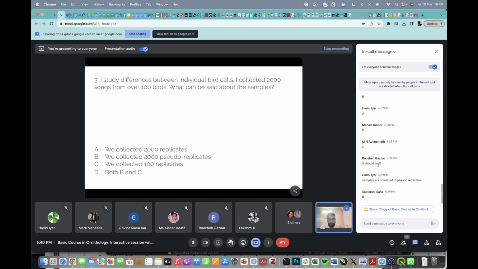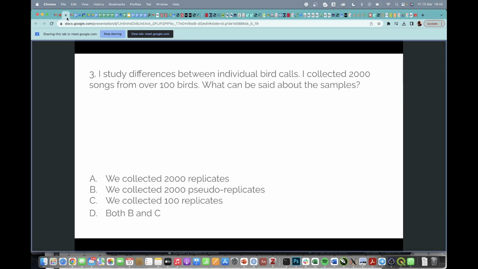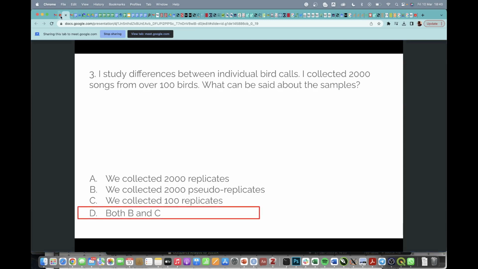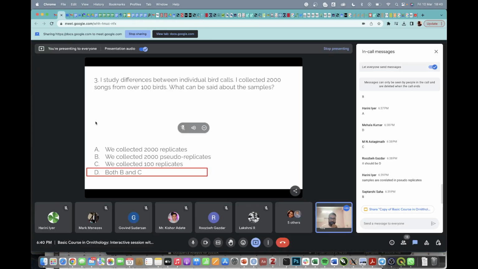So let's just go to the answer. It is both B and C. If you say that you collected 2,000 songs from over 100 birds, but your study was looking at the differences between bird calls of individual birds, sorry for the typo over there, then your 2,000 songs are all pseudo replicates.